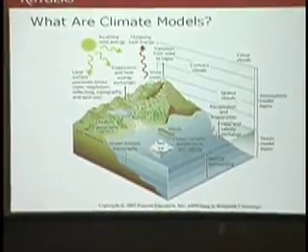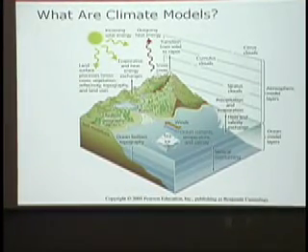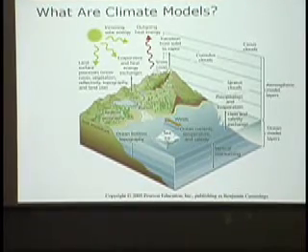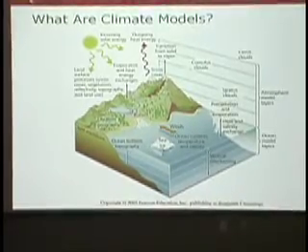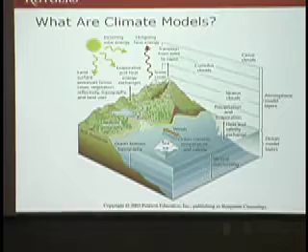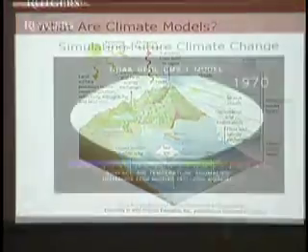Another big use of those powerful computers is running the kinds of models that are used by meteorologists to make weather forecasts. And then these are the models that we use to look back at what's happened in the past and to try to understand the causes of those past changes and to look forward to see what's coming.